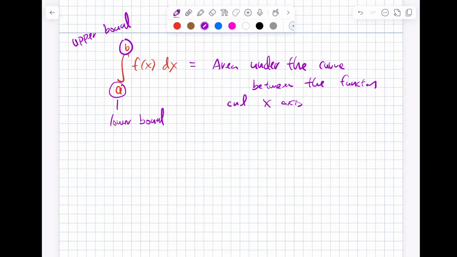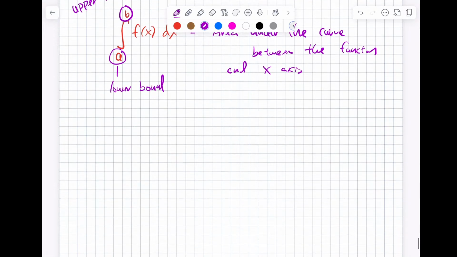If the function is below the x-axis, then your value will be negative. We're going to talk about that later today, but right now we're just focused on the graph being above the x-axis. So the boundary goes from the starting x value to the ending x value.